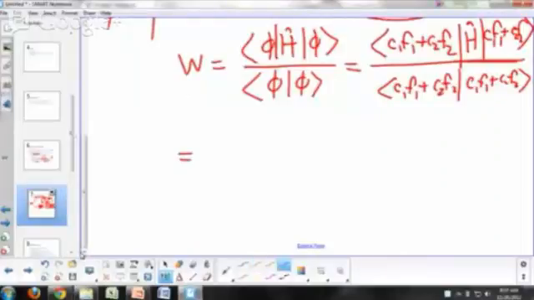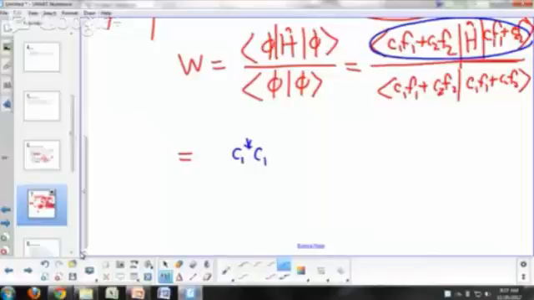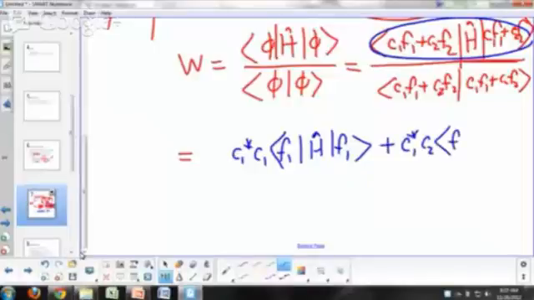What do you notice there? We've seen this lots of times before. Okay, expand that. What do you get? One of the terms you would get would be something like C1 star C1 F1 star h hat F1, correct? And then you get a C1 star C2, and then you have an F1 star h hat F2, and so on and so forth.